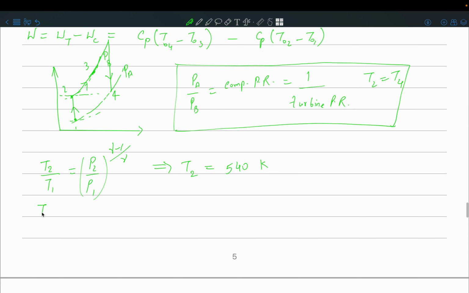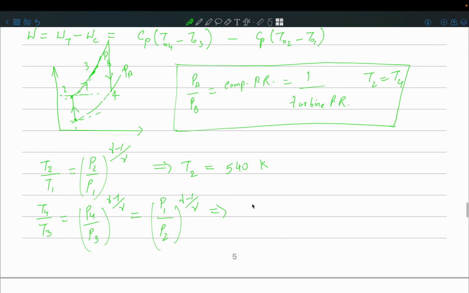So what is T4? T4 by T3 is equal to P4 by P3 to the power, again, gamma minus 1 by gamma. But what is P4 by P3? P4 by P3 is nothing but P1 by P2 to the power gamma minus 1 by gamma.